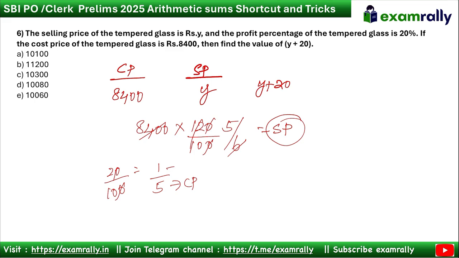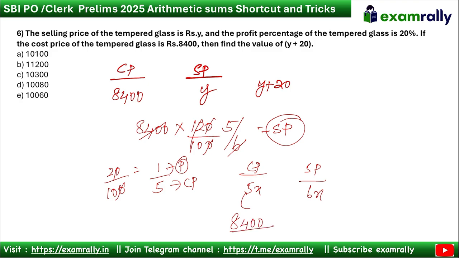So 5 is the cost price, 1 is the profit. If you take CP as 5x and profit is 1, the selling price will be 6x. I have rewritten it: 5x equals 8400. What will be the value of 6x, that is what is asked.